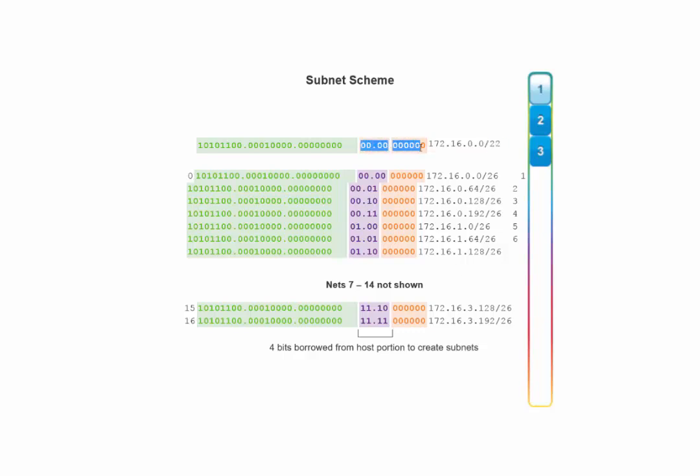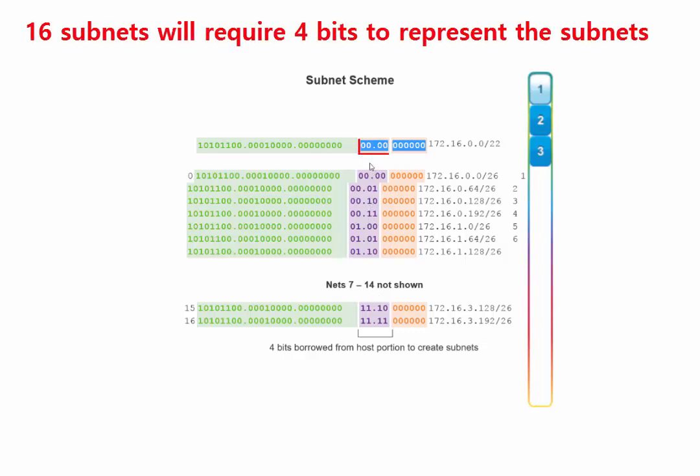For this network address, we have 10 bits for hosts, and this will give us 1,022 different hosts, which is 2 to the power 10 minus 2. So imagine if we want to divide this into 16 different subnets, we need to borrow another 4 bits, and this will give the subnet prefix as /26, and we have 4 bits here to represent the subnet number.